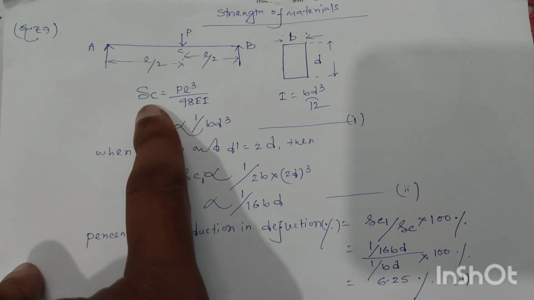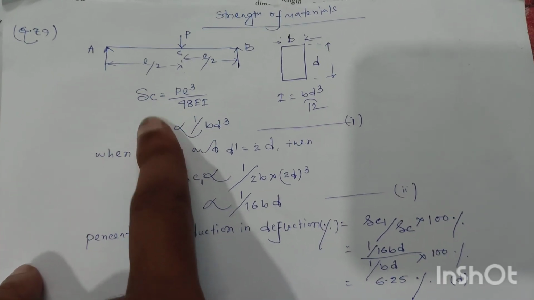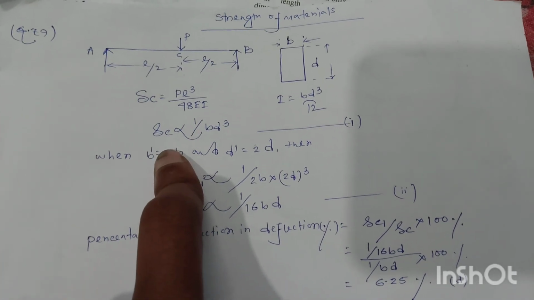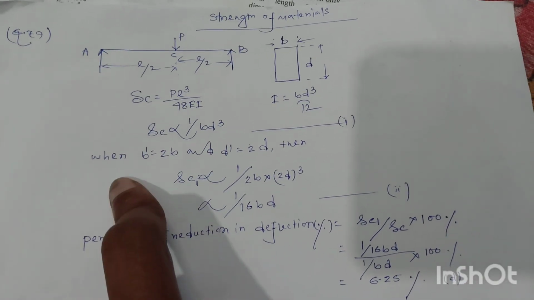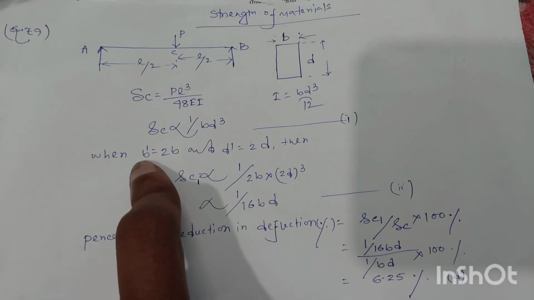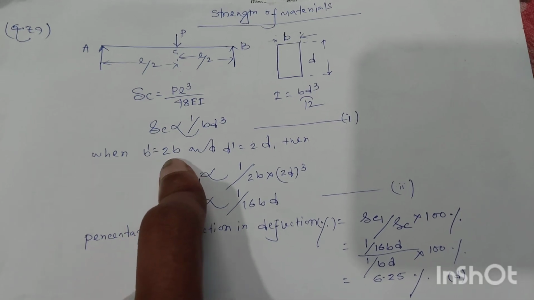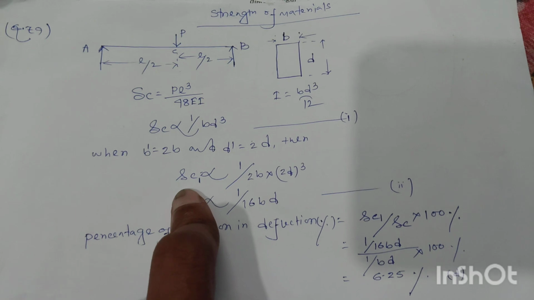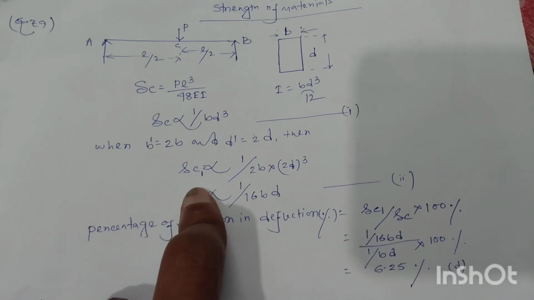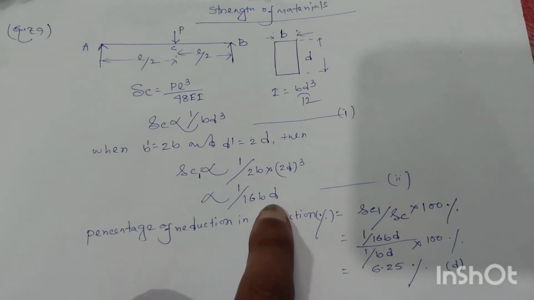And from this relation del C equal to PL cube by 48 EI, we can write del C proportional to 1 by bd cube. That is equation number 1. But when the width of the beam is doubled and depth of the beam is also doubled, the deflection at the center will be 1/16 of the original.